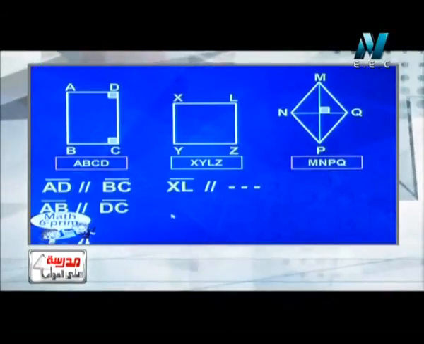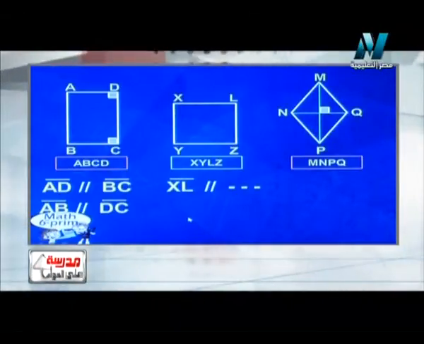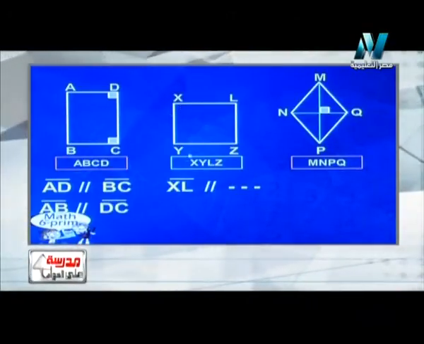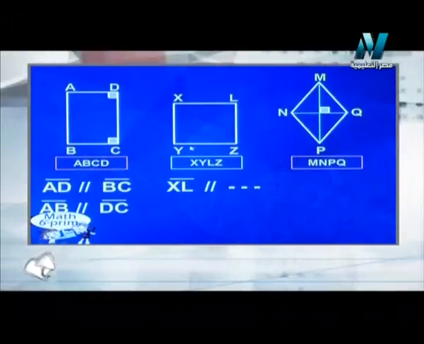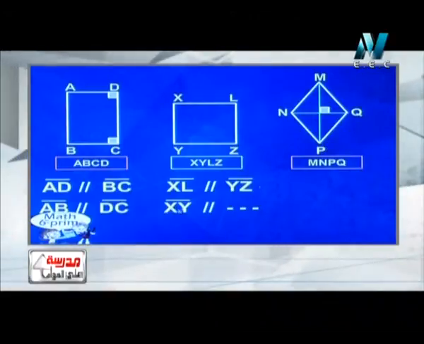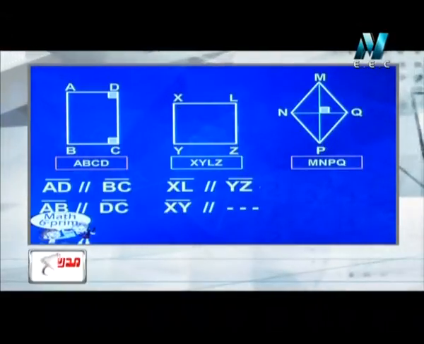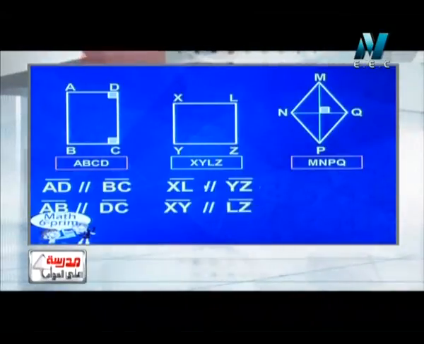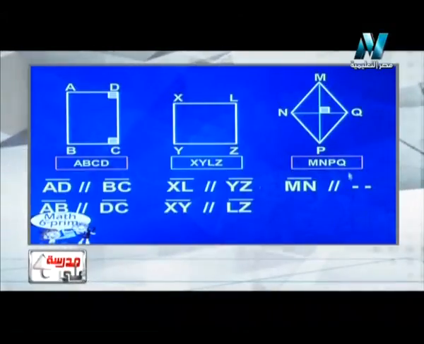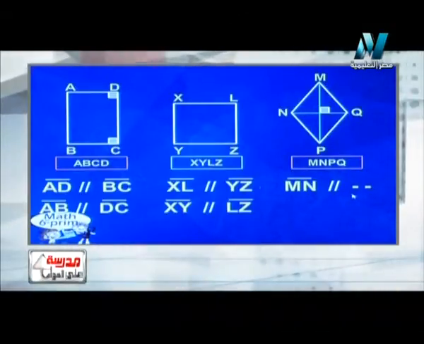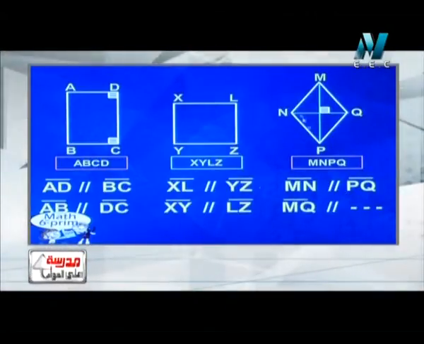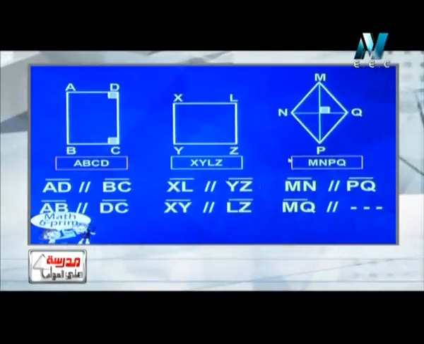If we study the second figure, the line segment XL is parallel to the line segment YZ, and the line segment XY is parallel to the line segment LZ. Finally, the line segment MN is parallel to the line segment QP, or PQ, the same. The line segment MQ is parallel to the line segment NP.